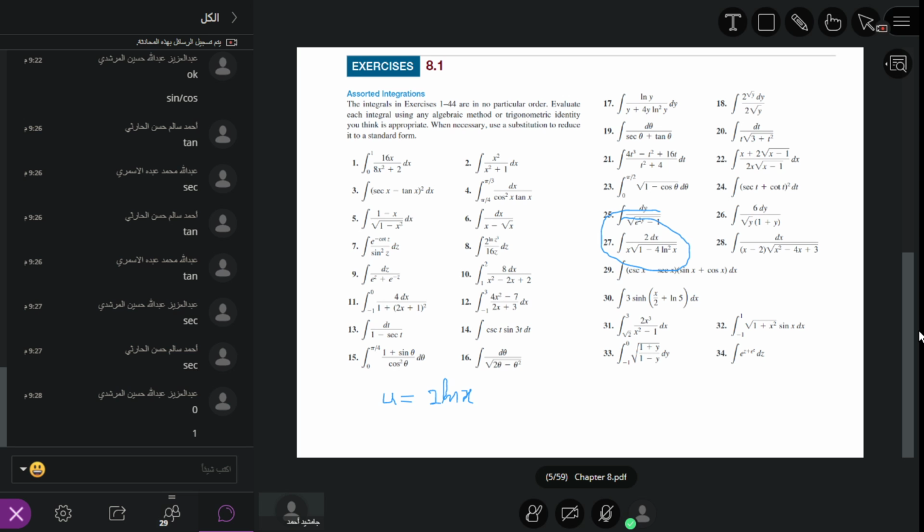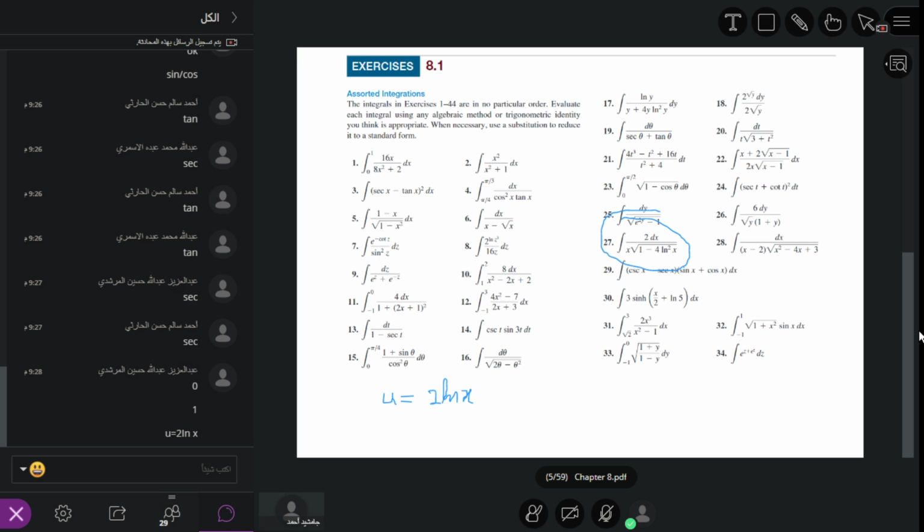The square of 2 is equal to 4. What is the square of log natural x? It is log natural square x. So thus we suppose u is equal to 2 log natural x.